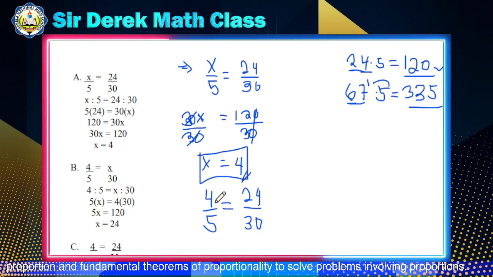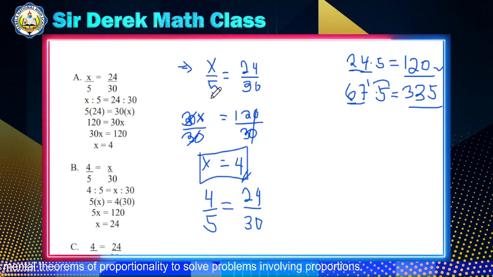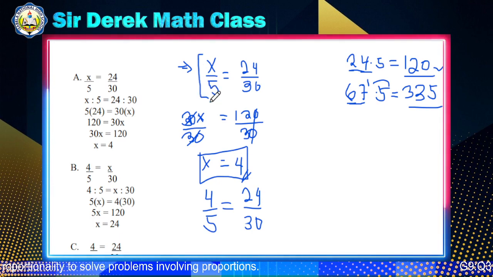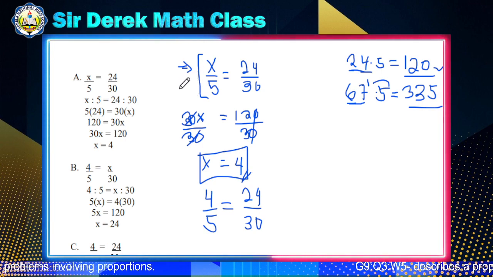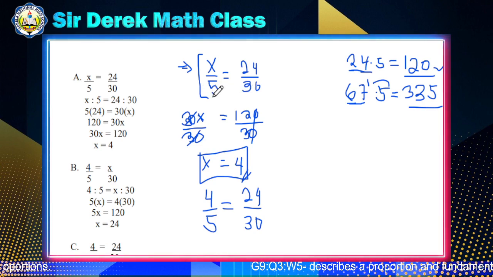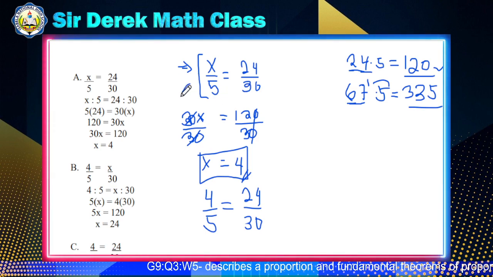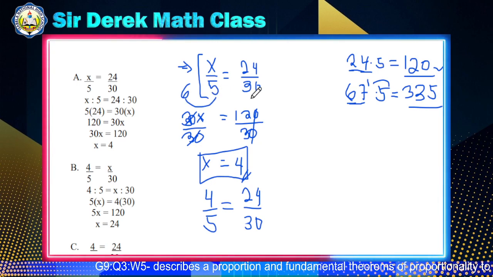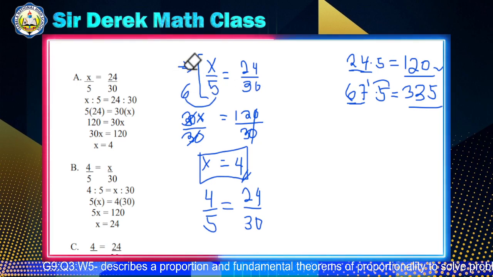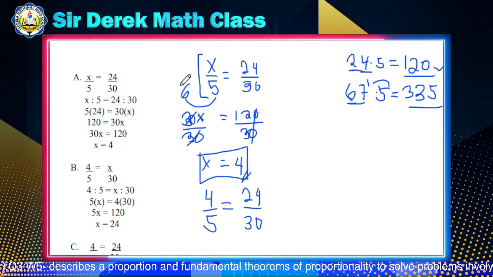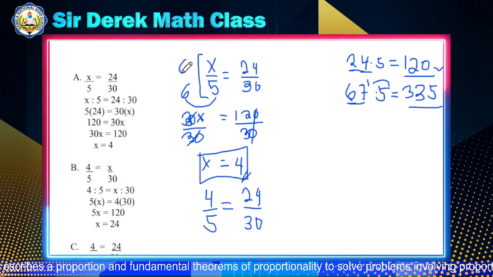Now, let us investigate. How did that happen? I will show you a shortcut, and let us apply the alternation property. I will think of a number that if I multiply it by 5 makes 30. Take note of that. What I will multiply by 5 to make 30 is 6. 6 times 5 is 30. Now, this is consistency again. Whatever you multiply to the denominator, you will also multiply to the numerator.